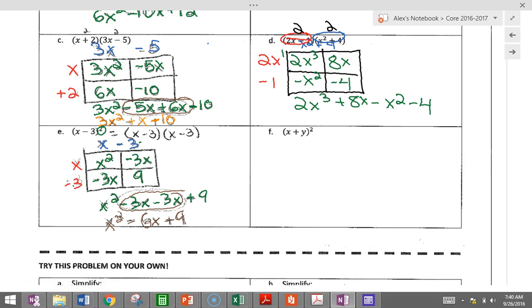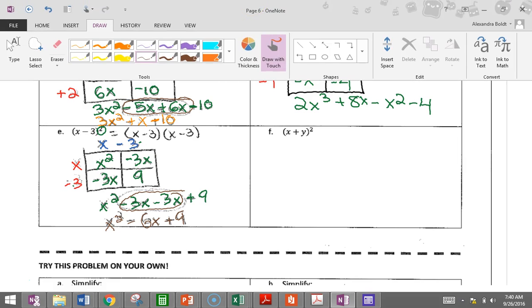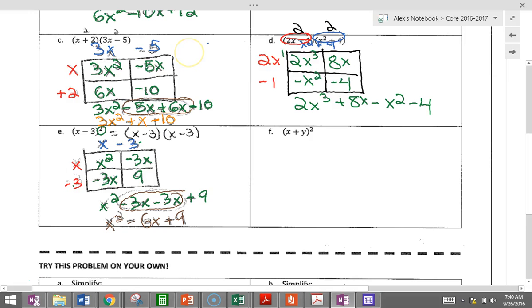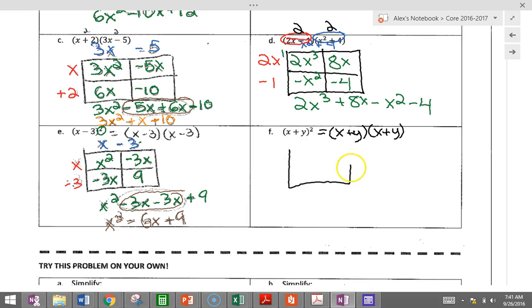Alright, finally, looking at F. Same type of thing. x plus y squared, with that 2, is really the same as x plus y times x plus y. So this is 2 by 2. I create a 2 by 2 box. I have x plus y and x plus y.